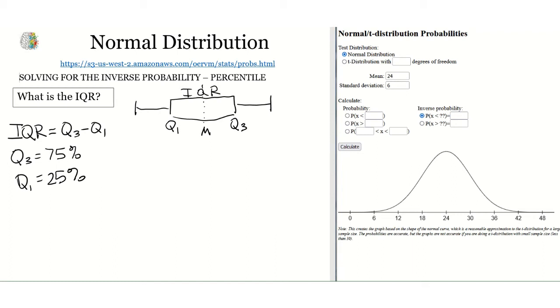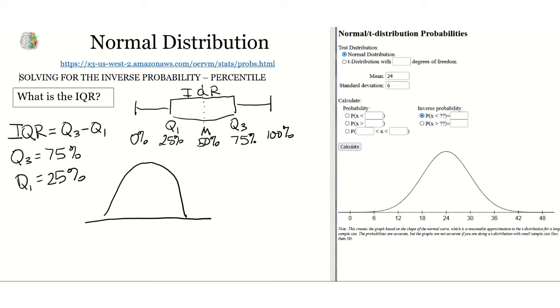So if you'll remember, this is 25%, 50% is our median or middle point, 75%, and our outer edges are 100% and 0%. So when we're solving for the interquartile range, for any other distribution, we're going to do the same setup. We're looking for the middle 50%.